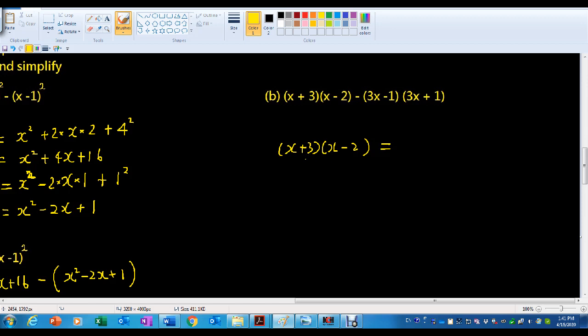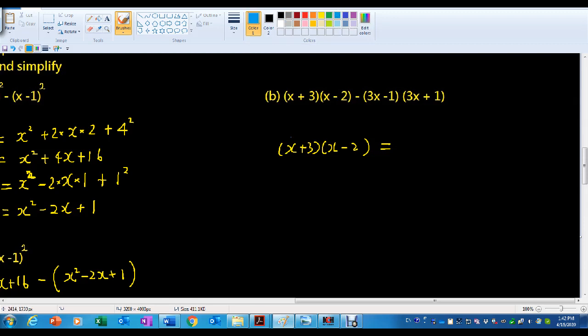Partially yes, but the sum is not corresponding to the difference because the terms are not entirely the same. You see that's 3 and the other is minus 2. So that means you can't use the difference of two squares. What you can use though is FOIL. If there's nothing for the shortcut, then use FOIL.